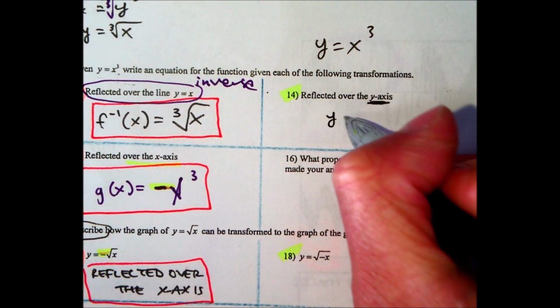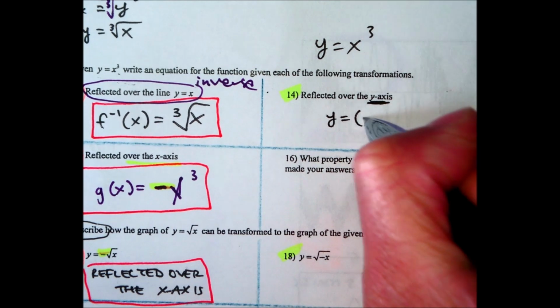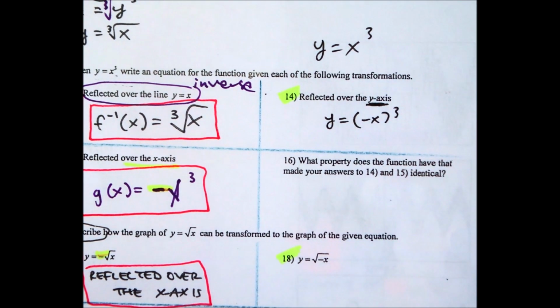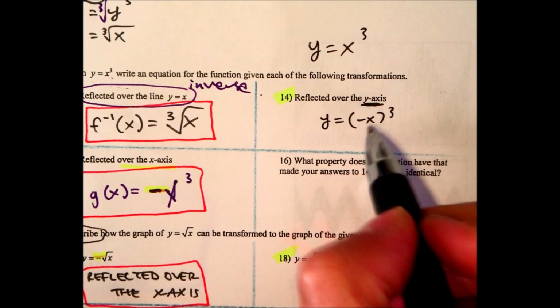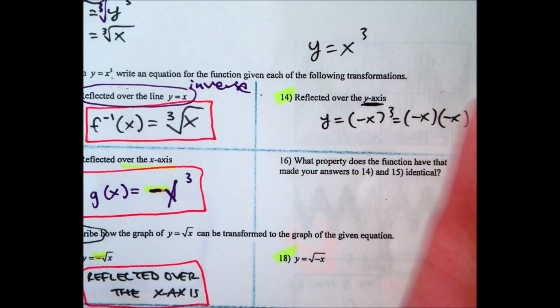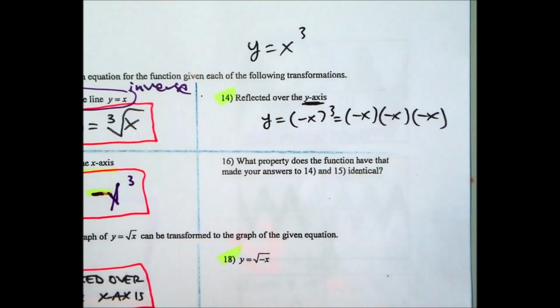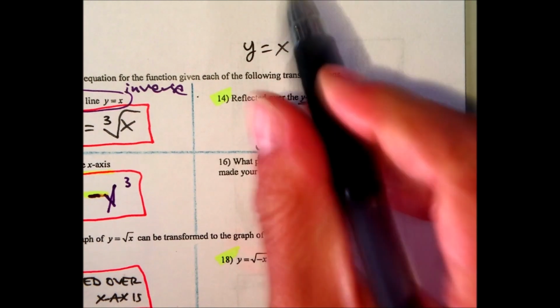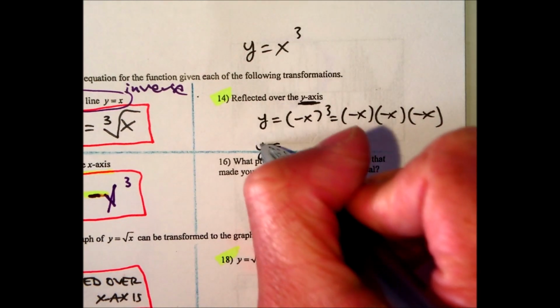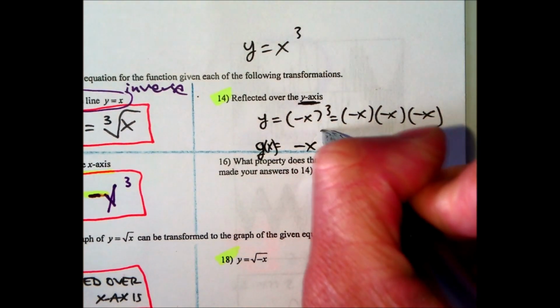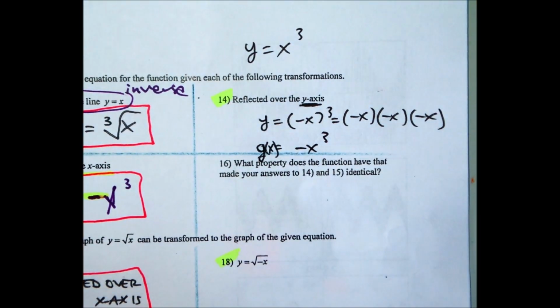So you have y equals something like this, negative x to the third power. And if you simplify that, negative x times negative x times negative x, what do you get? Let's call it a different function. Let's call it g of x equals negative x to the third power. And that's our answer.